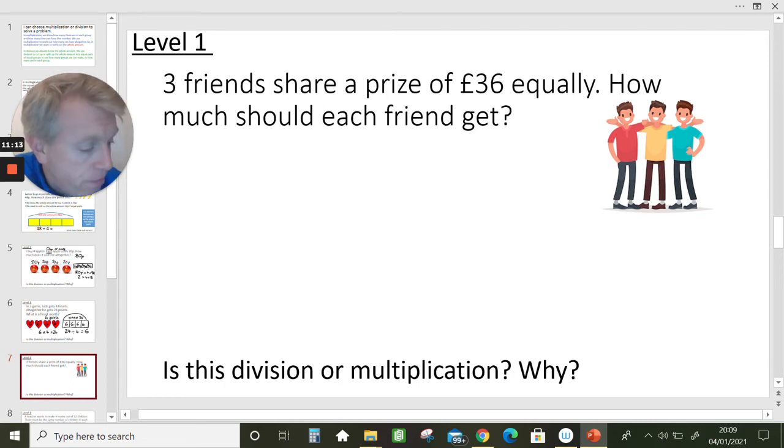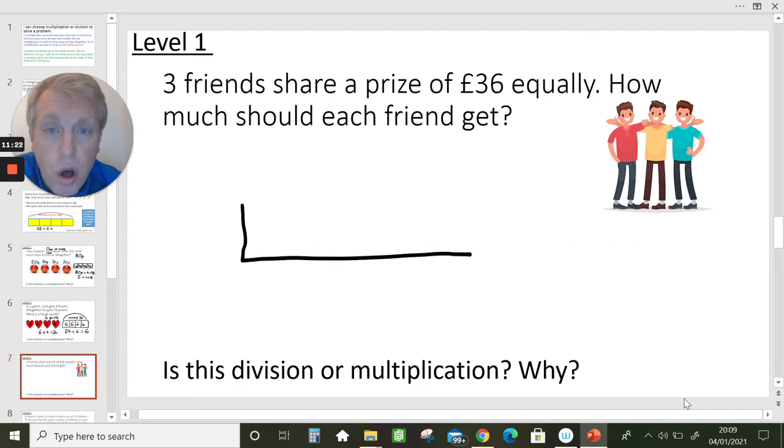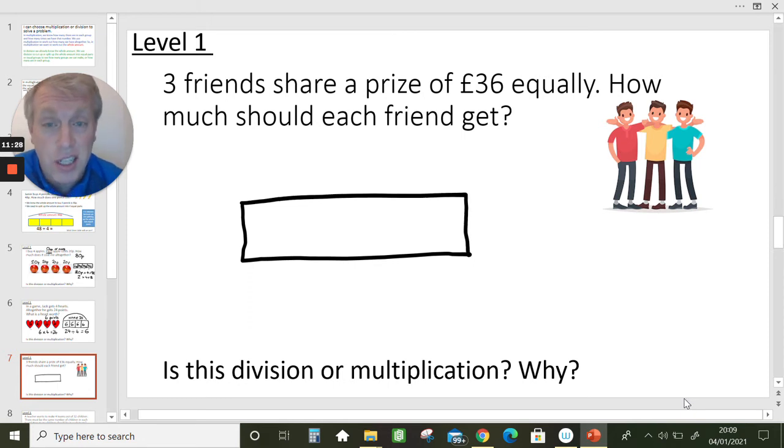Okay. Well, I can see the 3 friends there. And this question tells us that the prize is worth £36. It does not mean that each friend gets £36. So the whole prize we know.